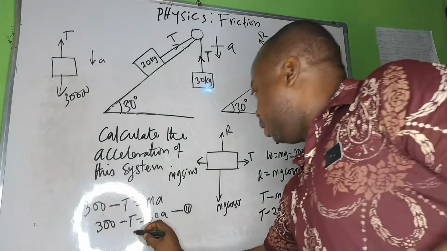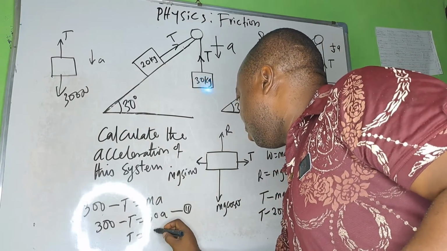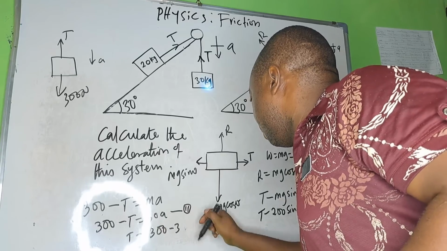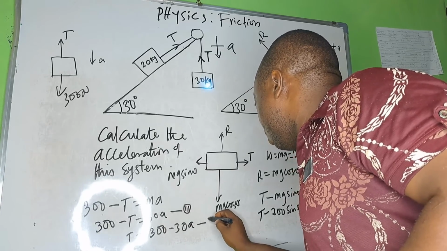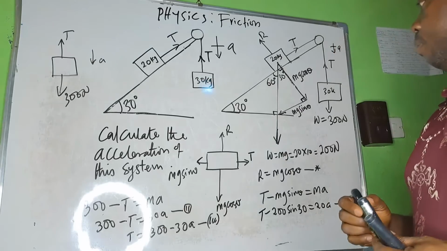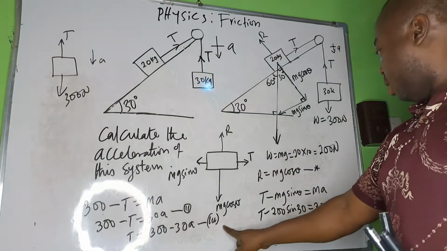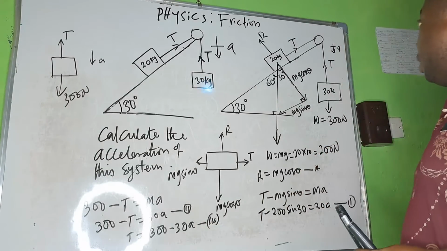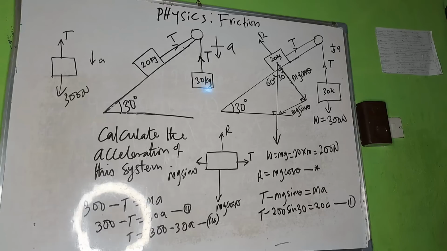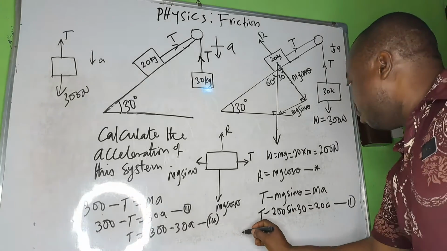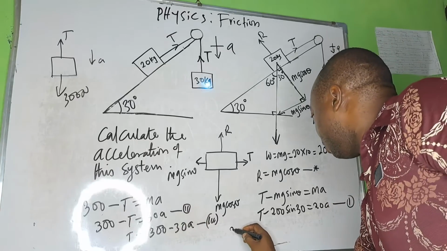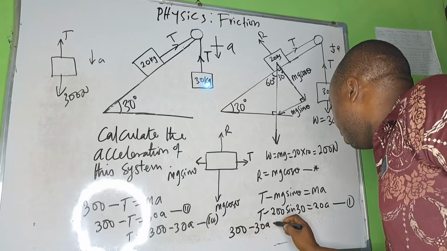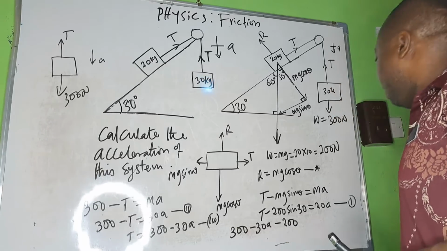So from this 2, T is 300 minus 30A. So let's call this equation 3. So we use equation 3 in 1. Wherever we see tension, we put 300 minus 30A, okay? Now here we have T, which is 300 minus 30A, minus 200 sin 30.